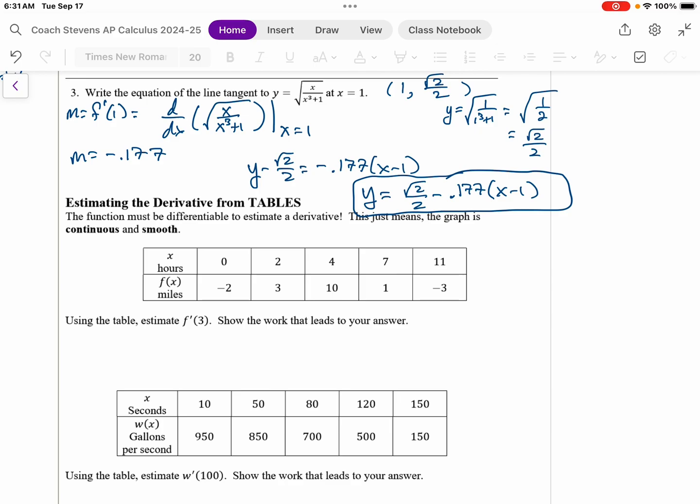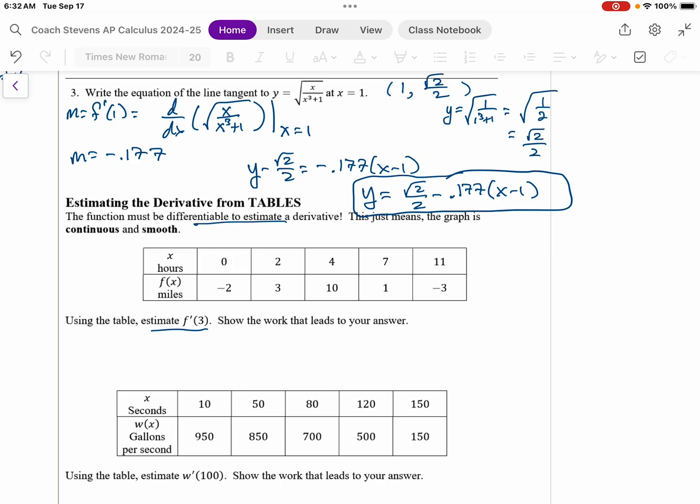First off, the function must be differentiable to estimate a derivative. We learn about that in the next lesson. That basically means that it's a continuous and smooth function, is what all that means when we talk about it being differentiable. So now as we look at the table, we want to figure out what f prime of 3 is based on what they give us here.